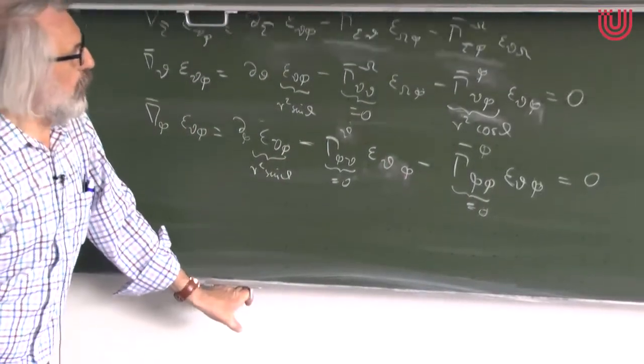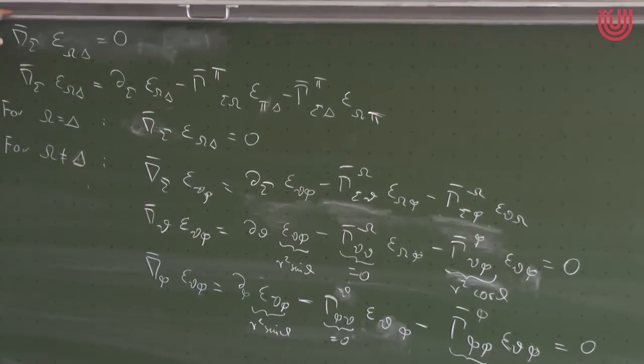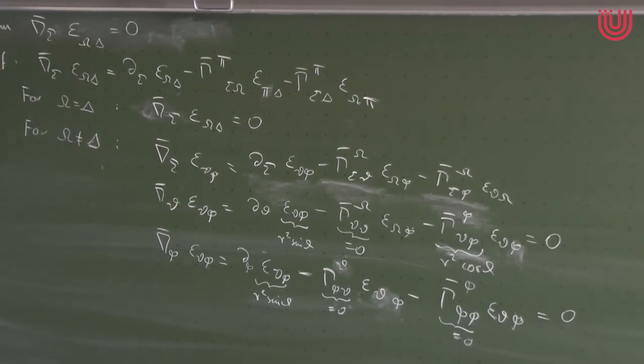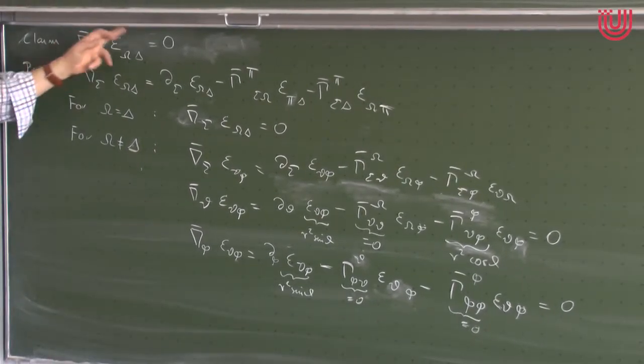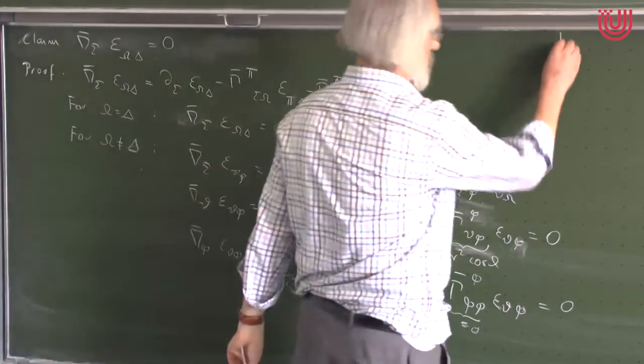So it is a down-to-earth check of the fact that this is actually 0. Yeah, but if you realize that this is a Levi-Civita tensor field on the sphere, you can just deduce this from a general result that the Levi-Civita tensor field is always covariantly constant. But if you are not familiar with this fact, you can just check it in this way. Okay, so this is 0.